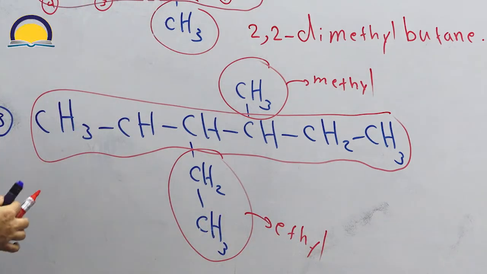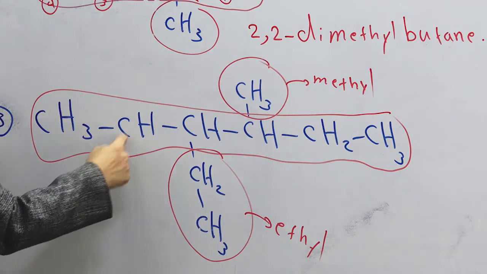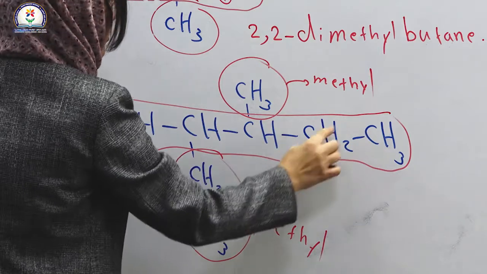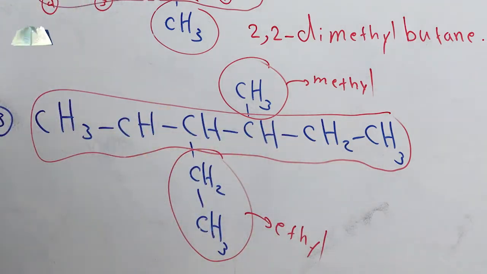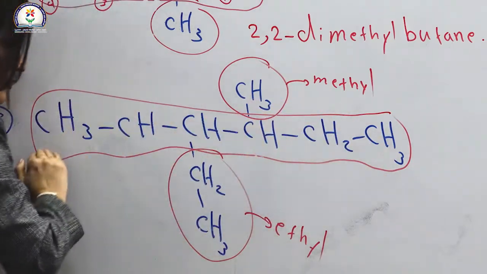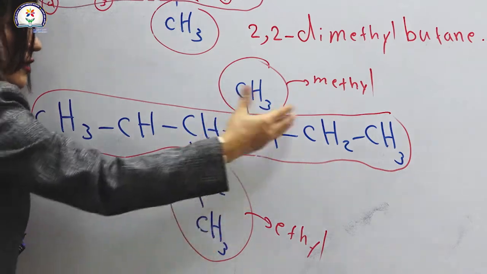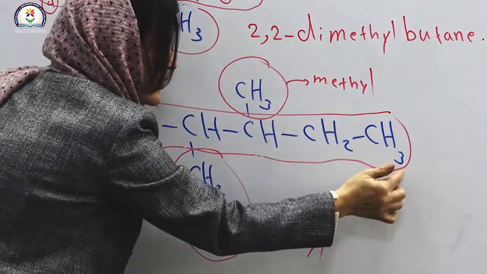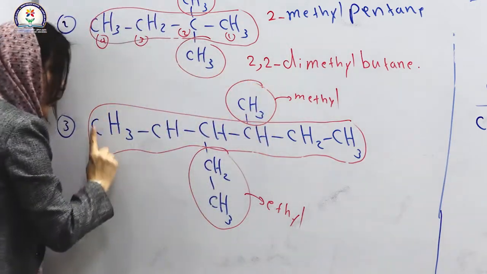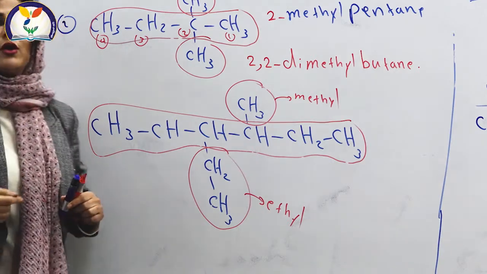We have to number from which side? 1, 2, 3. We have the same distance. At the 3, we have a branch, and from the other side, 1, 2, 3, at the 3 also we have a branch. You have to think about which side to number from.